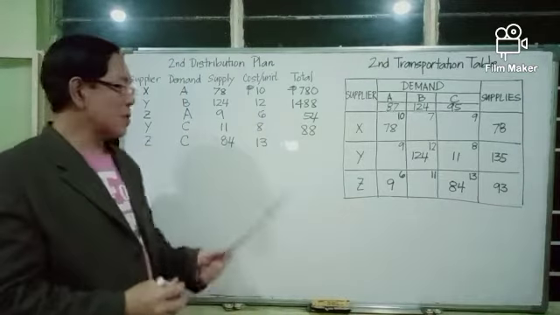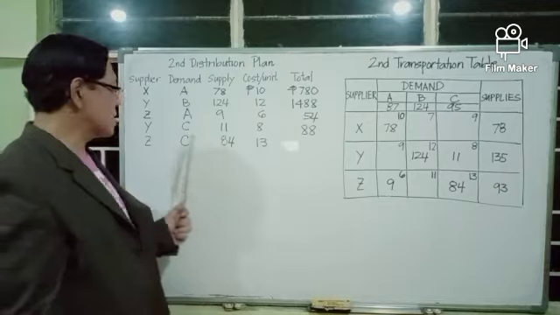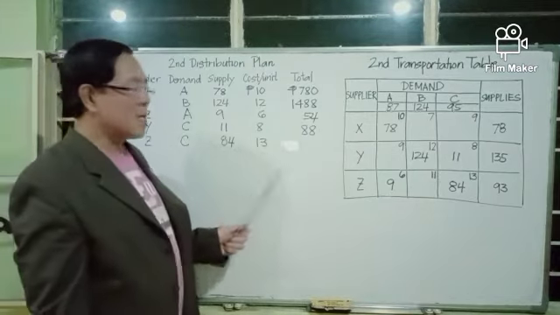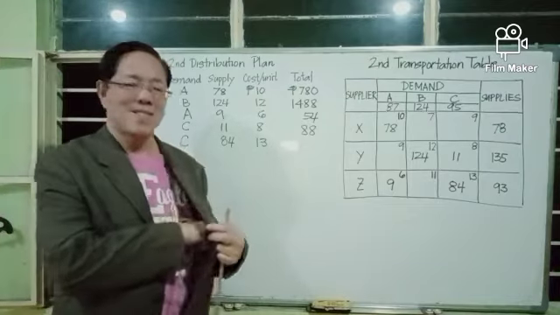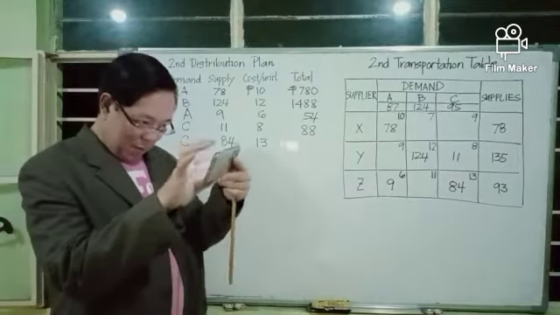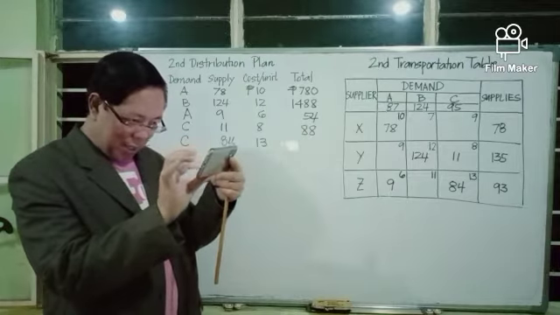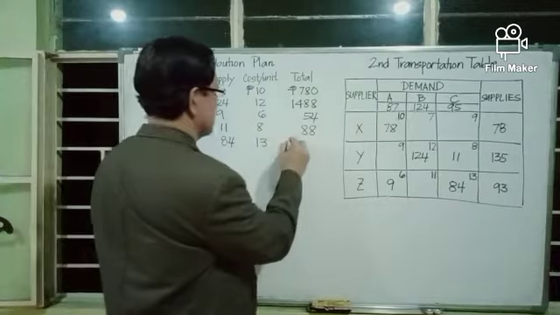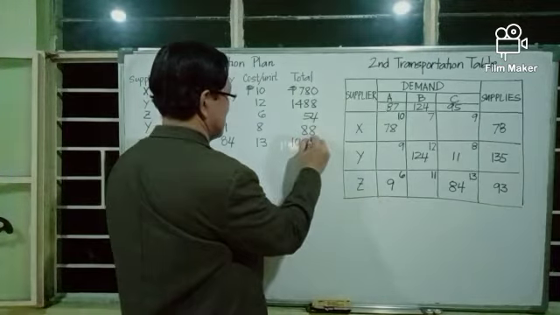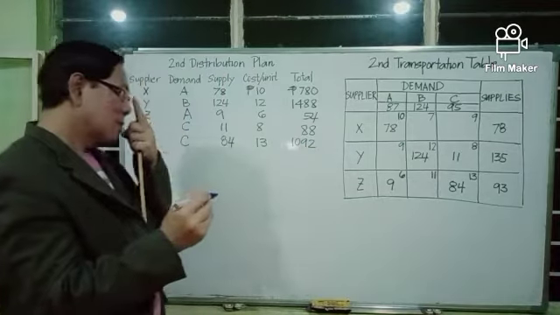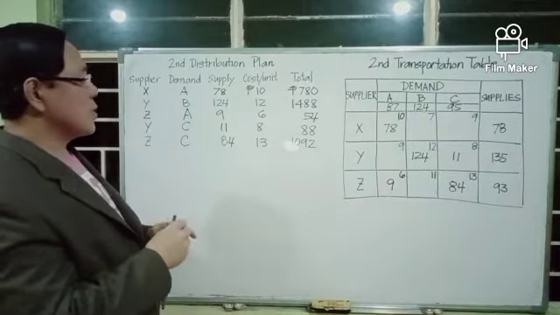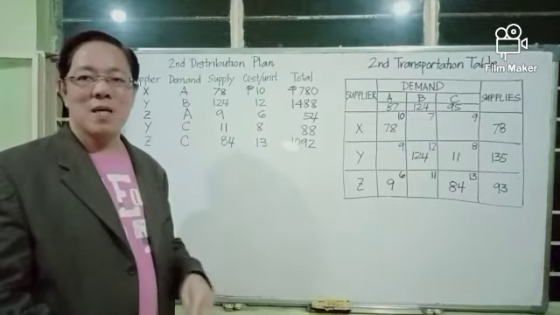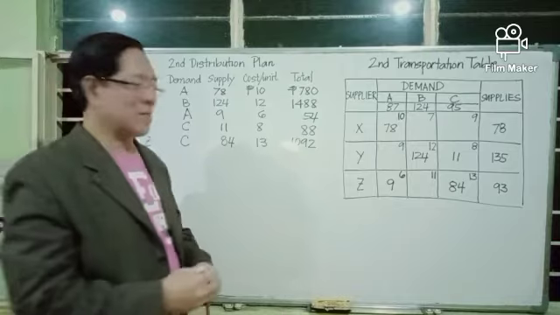And to find the total cost of transporting 84 units from supplier Z to customer C, we multiply 84 by 13 using our calculator. 84 multiplied by 13 is 1,092. We have 1,092 pesos, and we add the last column for the second transportation cost.